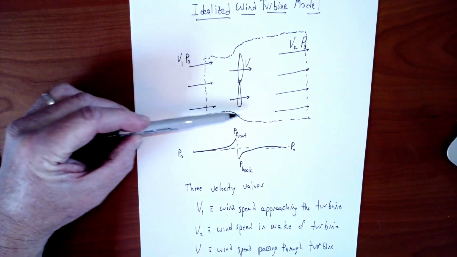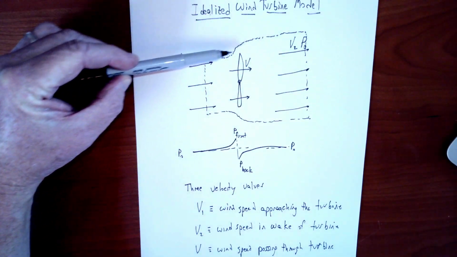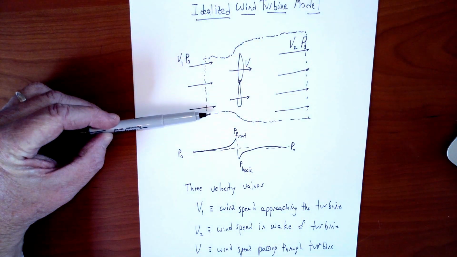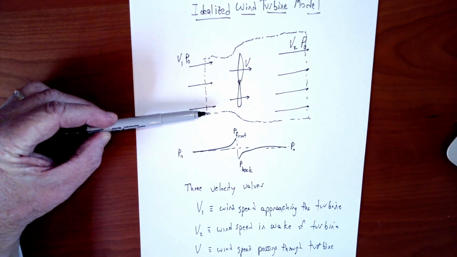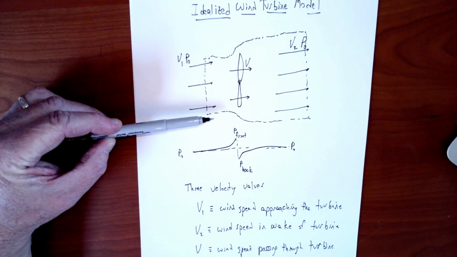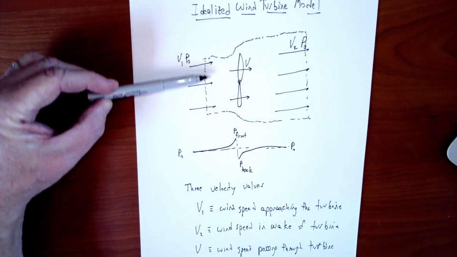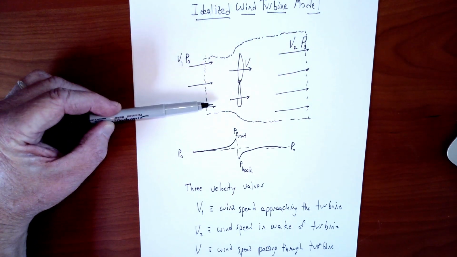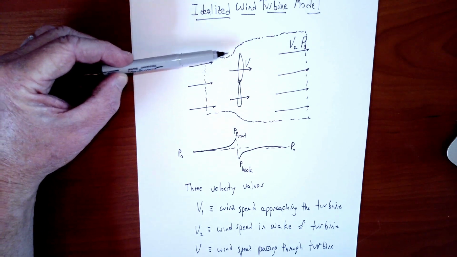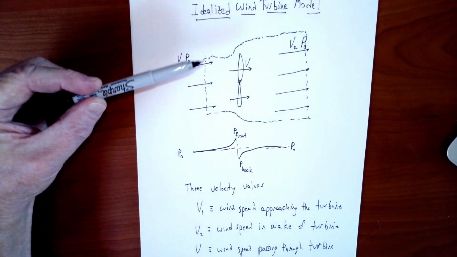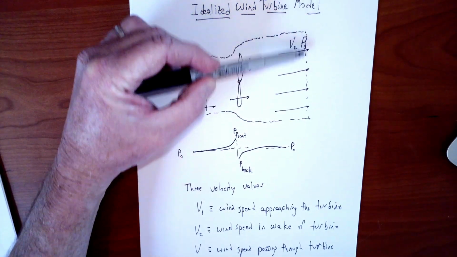Certainly if you look at this control volume, all the surfaces I've drawn are going to be at atmospheric pressure, so there's going to be no net pressure effect on this control volume. That's going to matter to us later. All the pressures on the outside surface of the control volume are P naught, atmospheric, and there's no fluid crossing the control volume boundaries except at the inlet and at the outlet.